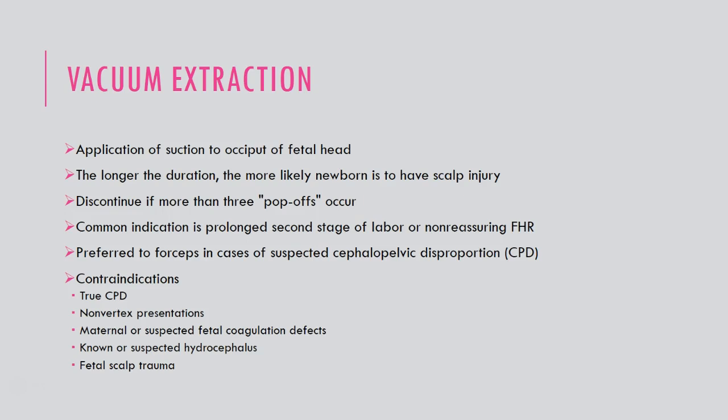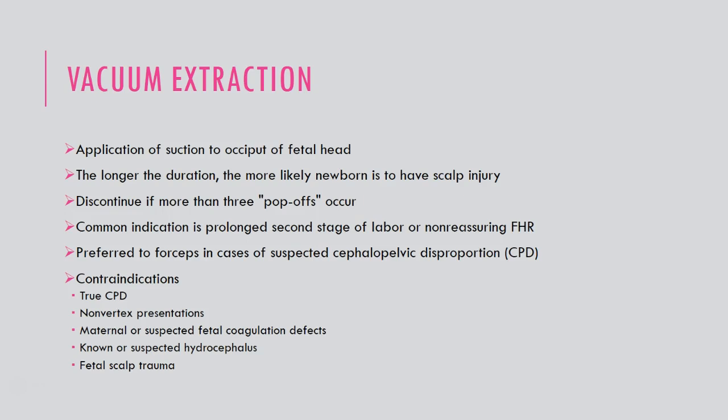Contraindications to vacuum extraction would be a patient who has true cephalopelvic disproportion. So we know without a doubt that the baby is not going to come through that pelvis. That patient would need to go for a C-section. Non-vertex presentations, so we have either a transverse lie or a breech presentation.